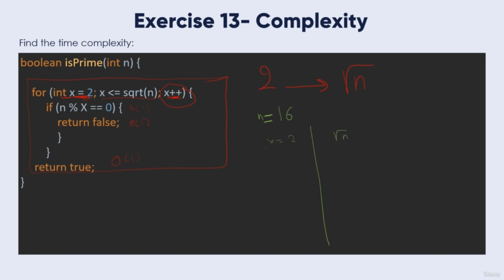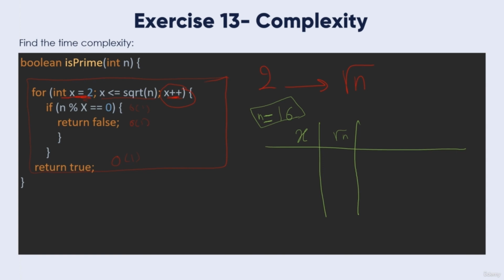Let me put x here and here. And let's try to solve this iteration. Always when you want to solve exercises like these and get the pattern, take an example. Okay, we took an example n equal to 16.